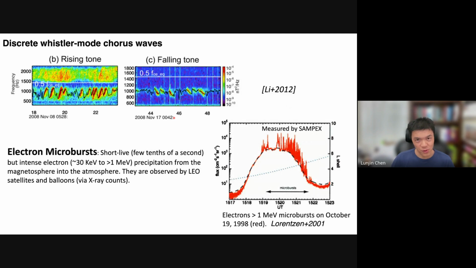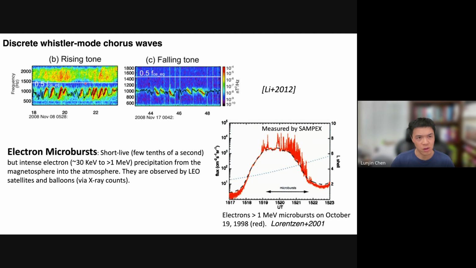So first of all, chorus waves, as you know, are whistler-mode electromagnetic radiation frequently observed in the magnetosphere. And if you look at the fine structure, the high resolution dynamic spectrum of the electromagnetic radiation in the magnetosphere, you often see things like this.